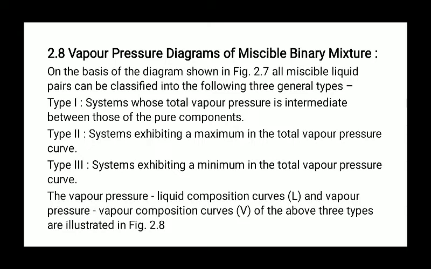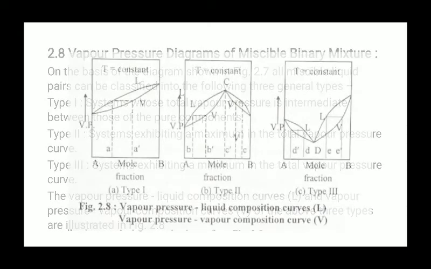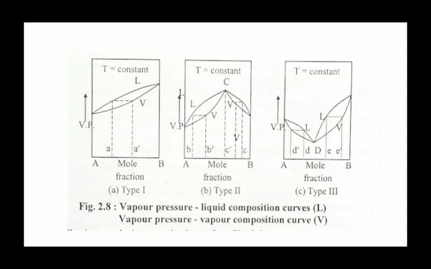The vapor pressure liquid composition curve and vapor pressure vapor composition curve of the three types are illustrated in the figure. See here, from the figure it is concluded that for all types the vapor composition curve lies below the liquid composition curve.